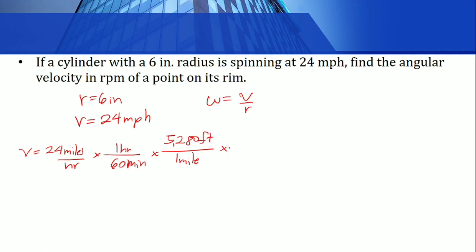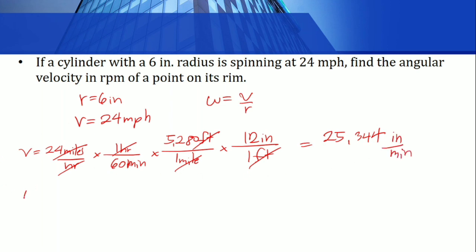So, 1 feet is equivalent to 12 inches. So, cancel na yung feet natin, cancel yung mile natin, cancel din yung hour natin. So, matitira na lang is inches over minute. So, that will be equivalent to 25,344 inches over minute.